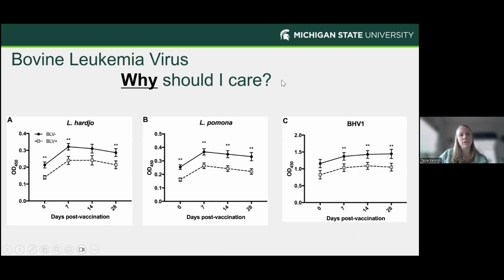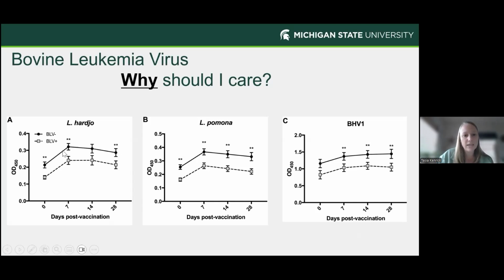But when we look at the antibody response to the vaccine, the vaccine they used was the Bovishield Gold. So these are all incorporated into that vaccine. What you're looking at on the lines is the antibody response, the OD, from the vaccine.